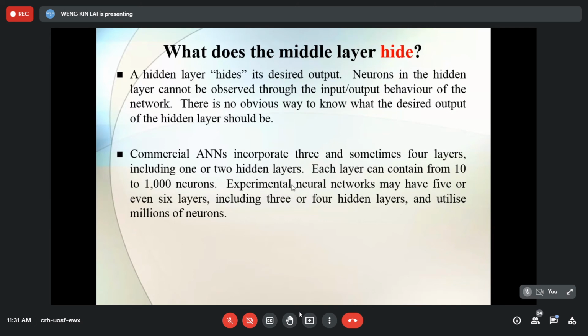A couple of years ago, Professor Loy from Hong Kong University came to give a talk at our campus here in KL. He talked about his network consisting of 600 hidden layers. Of course, you can assume that each layer will not be just one neuron. Each layer will consist of many neurons.